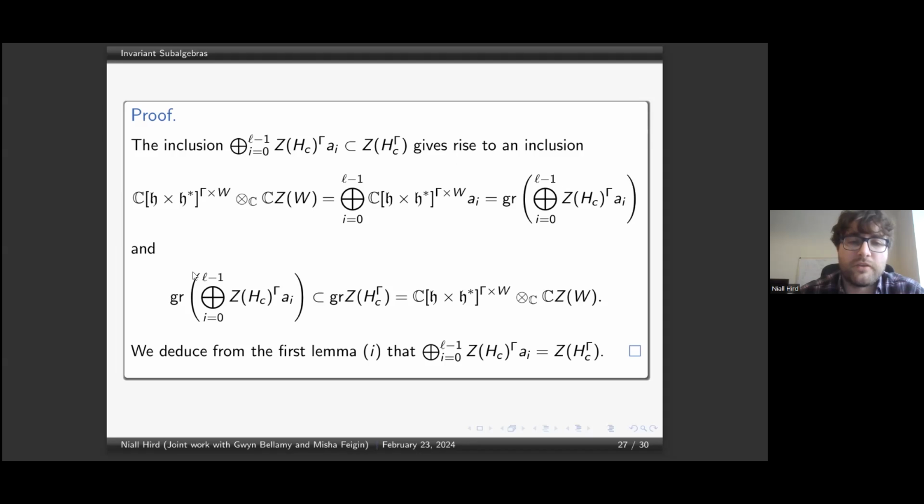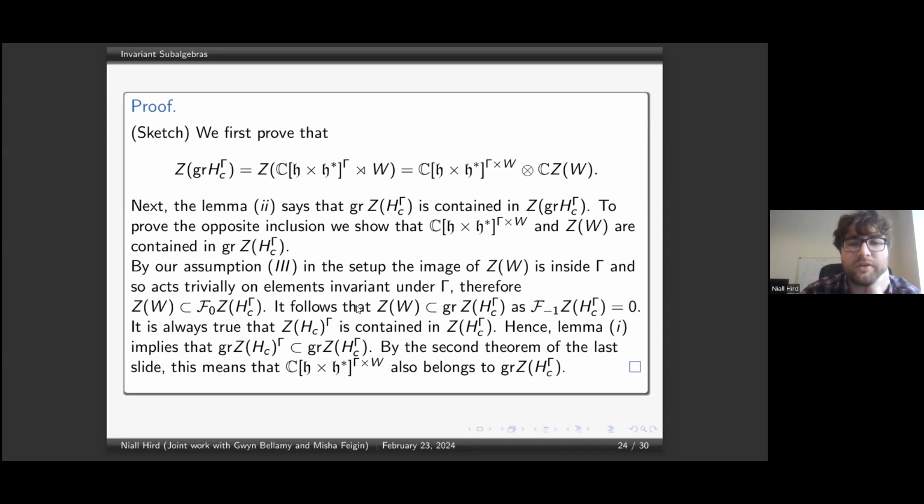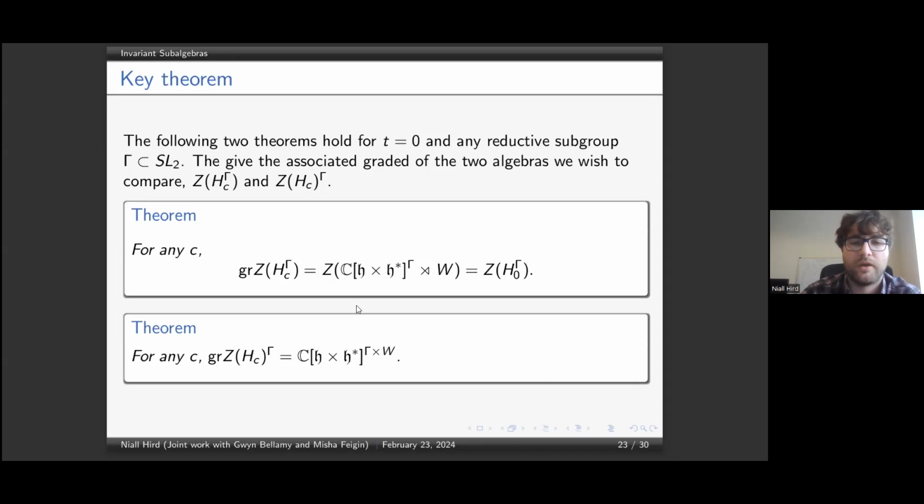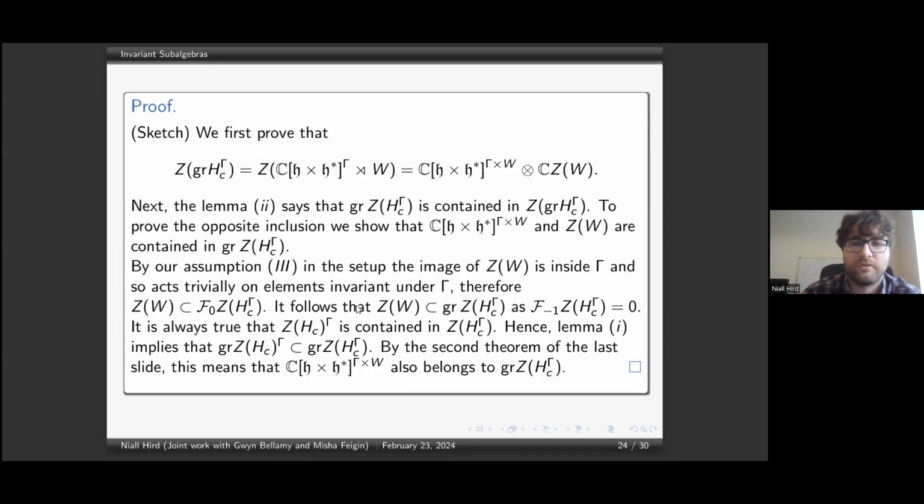And then the next line, we just start with the same thing. So we've got GR of this. Well, this has to be inside the associated graded of the center of the invariants, right? That's just applying GR to both sides of this inclusion here. And we know from our last key theorem exactly what GR of ZH is.